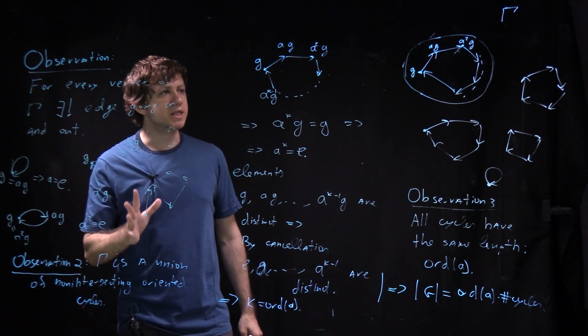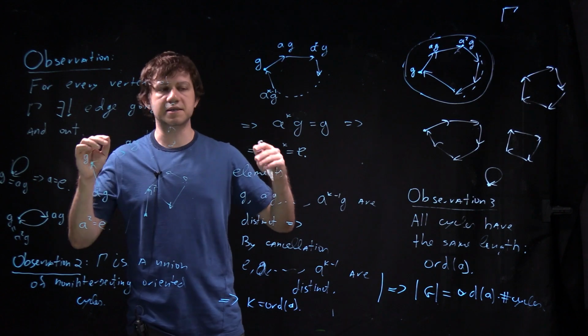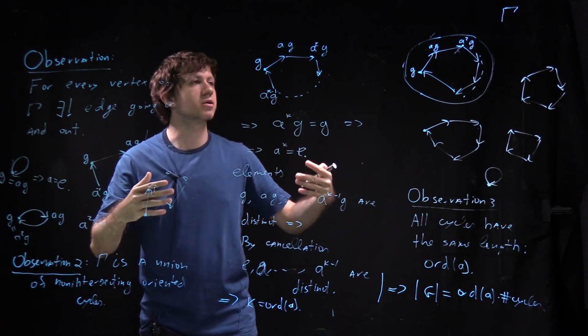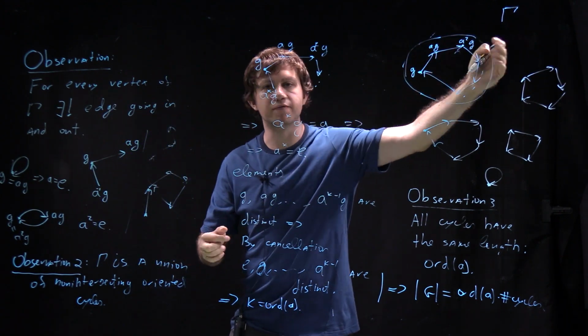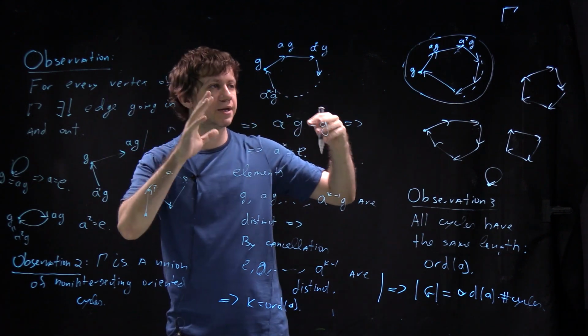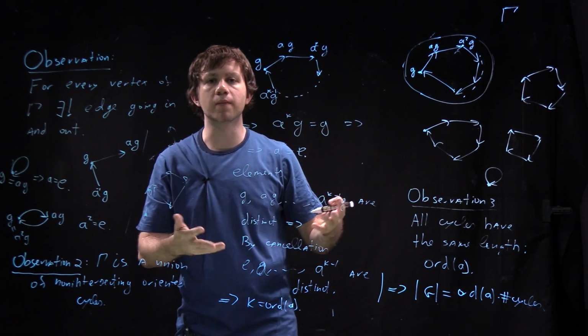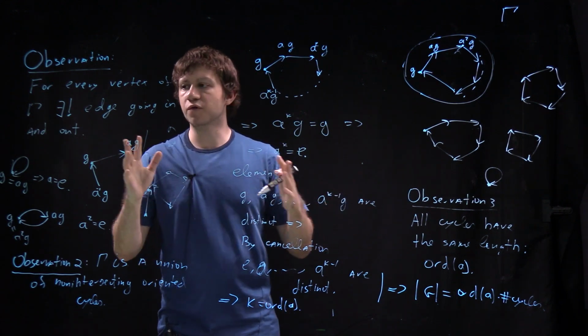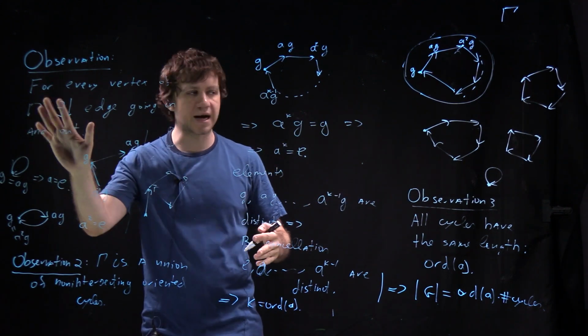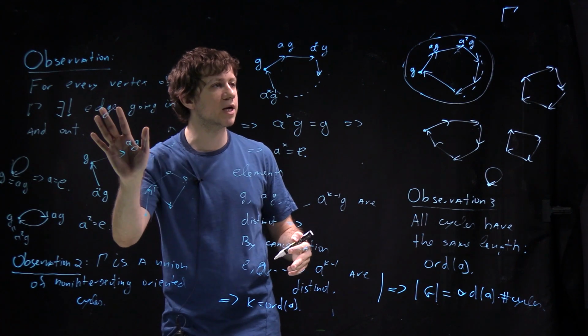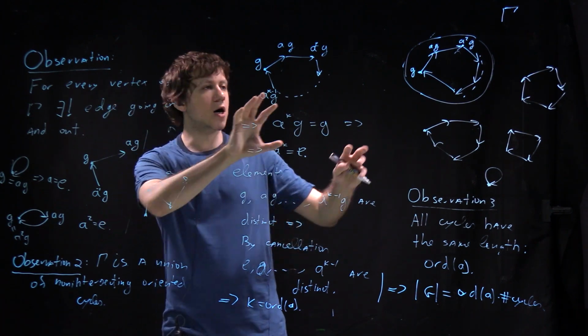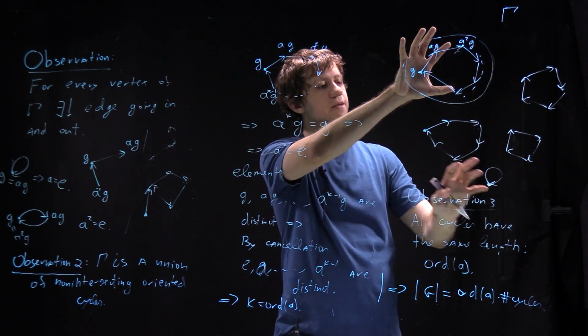So again, what we did: we started by defining a special kind of combinatorial object called a graph, starting with our group and element A, and this graph tells you what happens when you multiply by A. Then we first understood that because of the simple fact that there is one ingoing and one outgoing edge for every vertex, our graph is a union of cycles.